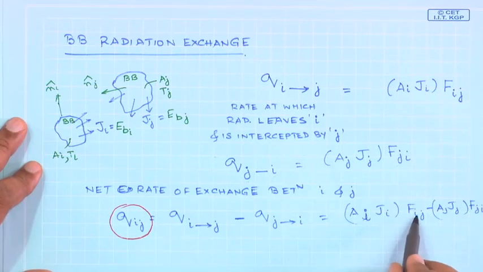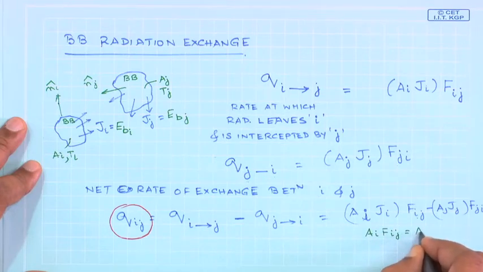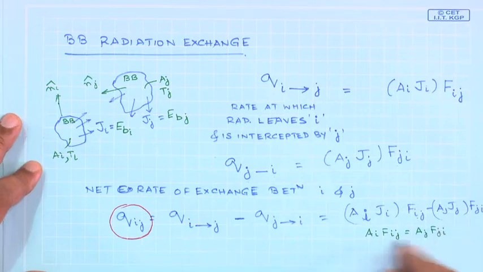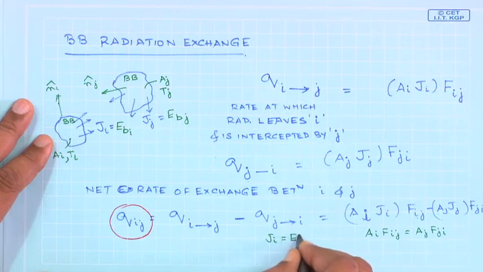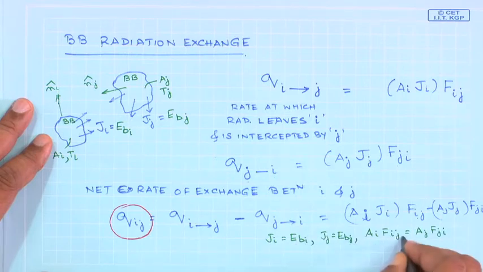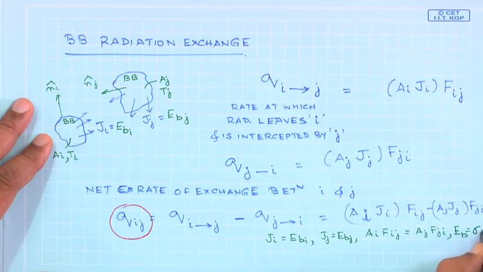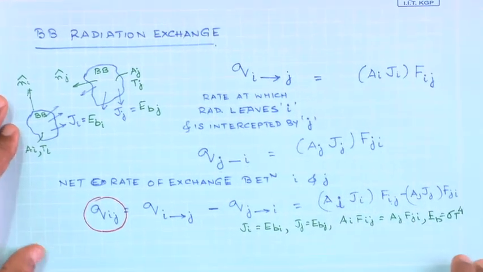Now, we know that Ai Fij is equal to Aj Fji, which is nothing but the reciprocity relation, and we also understand that Ji is simply equal to Ebi and Jj is simply equal to Ebj, since this is a blackbody, and that Eb for a blackbody is simply equal to sigma T to the power 4. This is the Stefan-Boltzmann law.